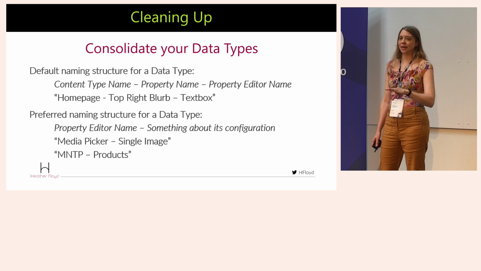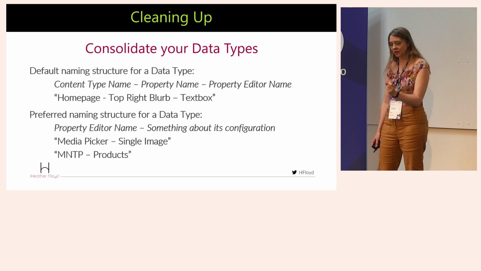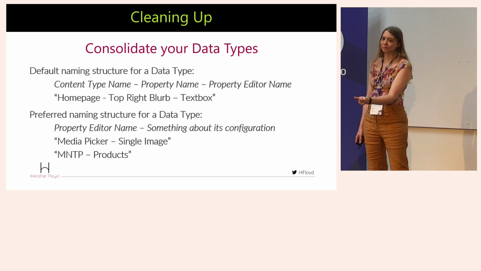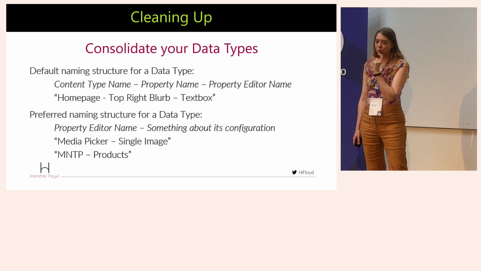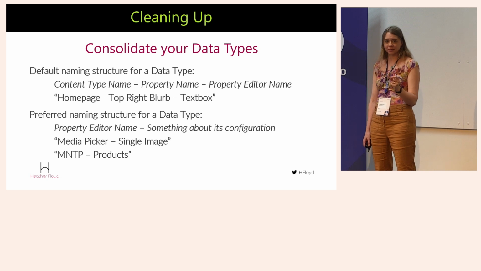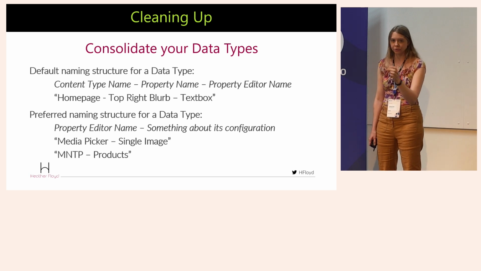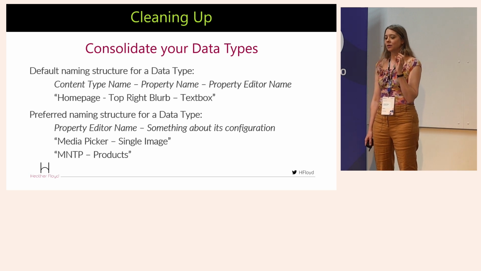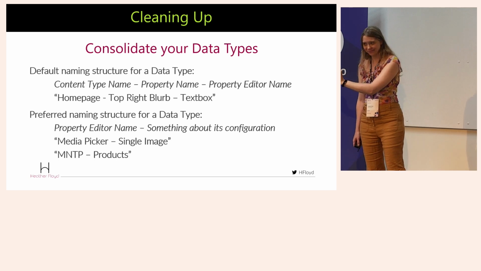This is the way that I rename all the data types in any website I get. Property editor name, because that's the important part, and then something about why this is unique. Like, most text box properties can just use text string. You do not need to customize them. If you need a custom one, because it needs to be only 200 characters or something, create something that says text string - 200 char.